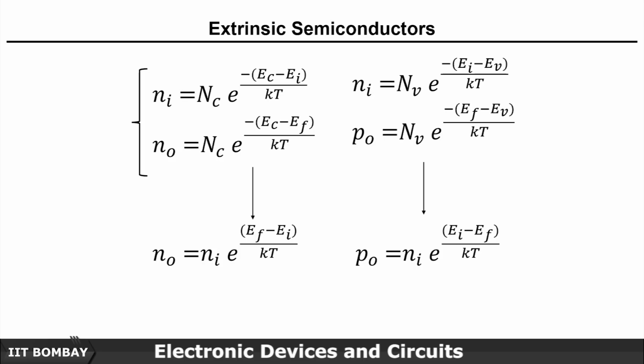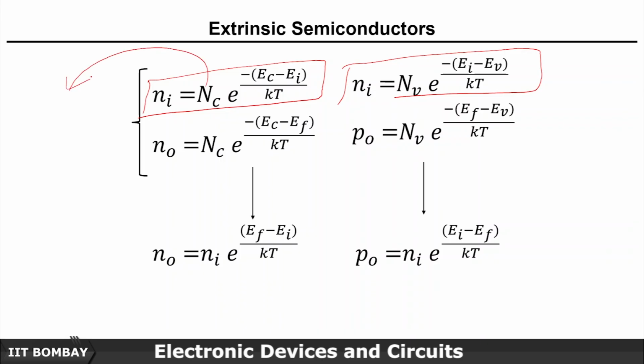As we discussed in the last lecture, these electrons follow the Fermi-Dirac distribution function. So in case of an intrinsic semiconductor, we were able to get this relation, where NC represents the energy states in the conduction band. Similarly, NV represents the energy states in the valence band, and EI is the intrinsic energy level, which is exactly in the middle.